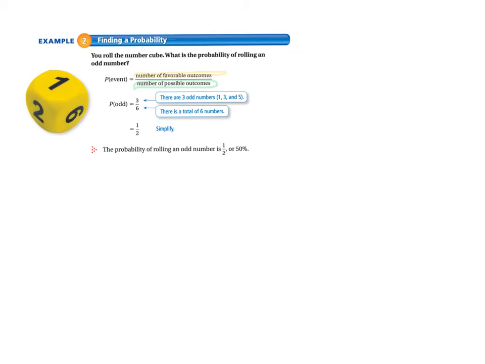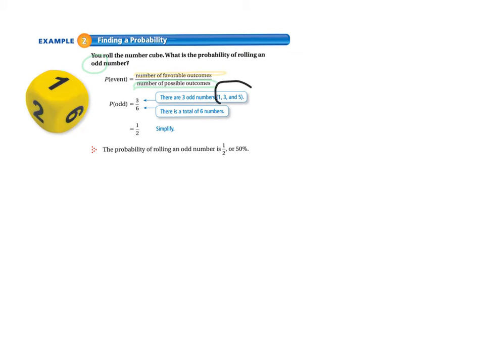Okay, this question's asking about the dice again. We're rolling that number cube, and the question is, what is the probability of rolling an odd number? If we're talking about odd numbers, then we only have the number 1, the number 3, and the number 5. 1, 2, 3.